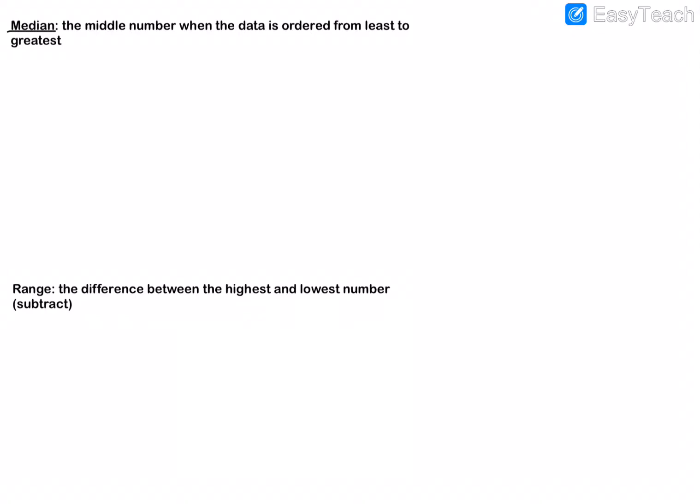Okay, so let's use this set here. I have two different examples here. So if I have 39, 42, 57, 63, and 72. I have 1, 2, 3, 4, 5.